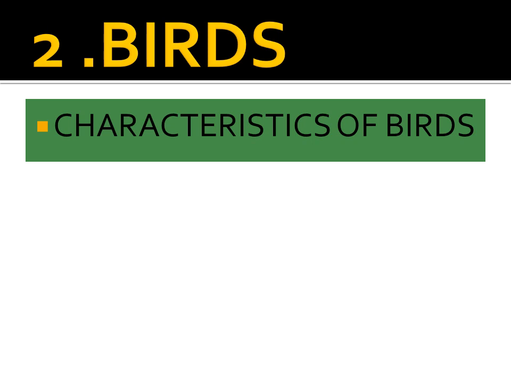Pupils, birds that are not able to fly are called flightless birds. Flightless birds are unable to fly, and they include ostrich, kiwi, and the penguin.